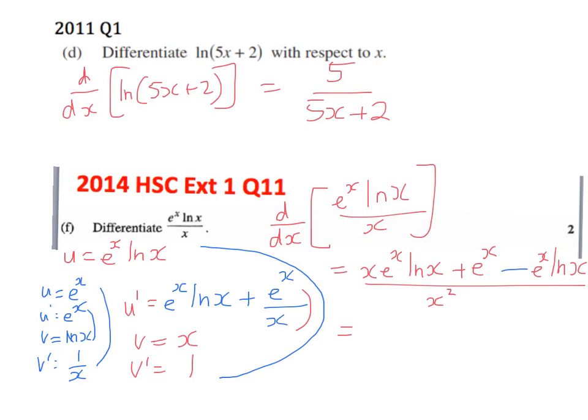No, we can't really cancel anything. Maybe to make it nicer we can take out the common factor of e to the x, and we'll be left with x log x plus 1 minus log x, all over x squared. And there's our derivative.